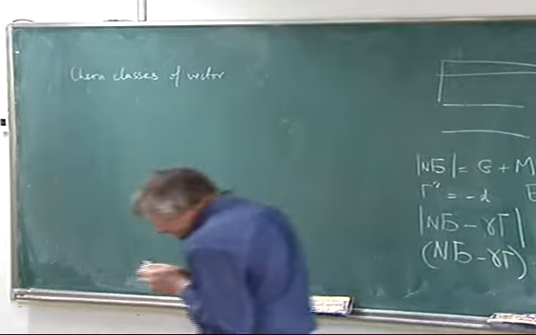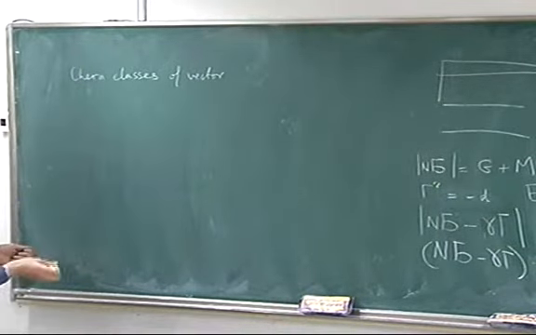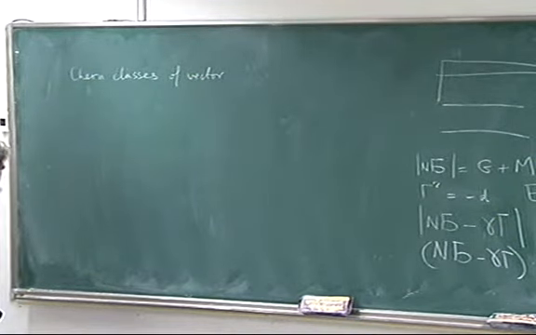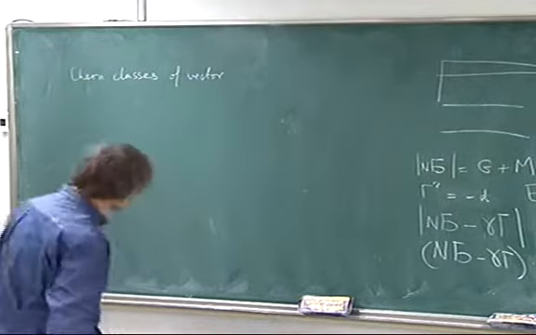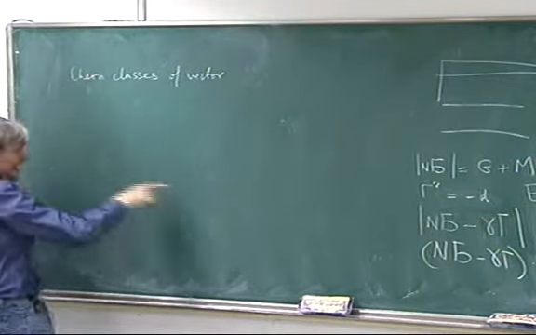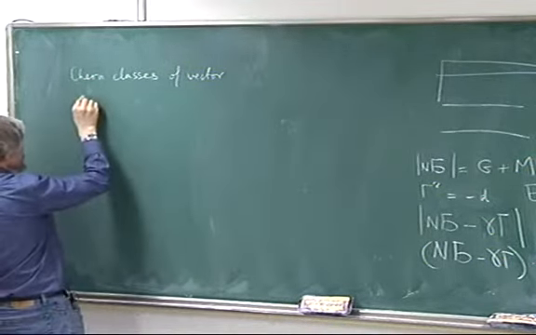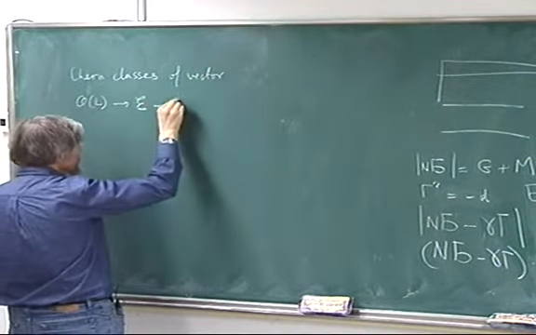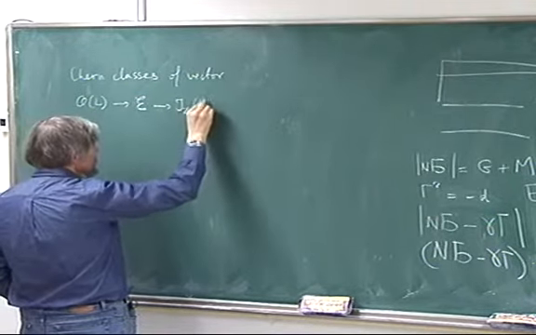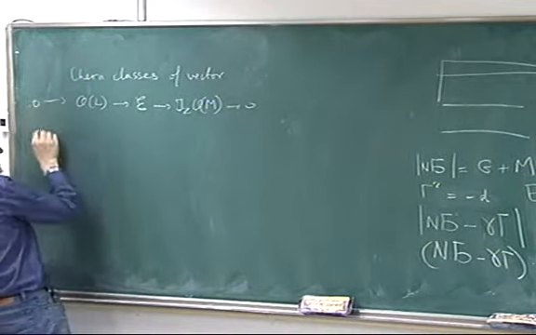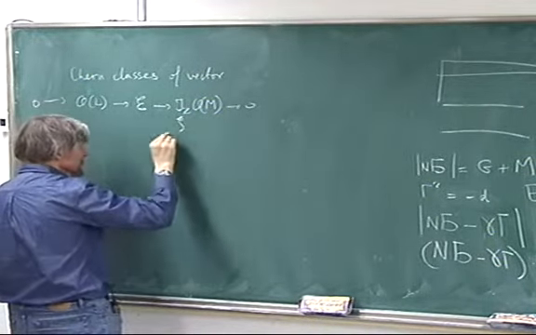So the O of 1 is sort of splitting off one little line bundle out of the vector bundle. And then you do the formal calculation I did, and that gives you the definition. But now I'm going to tell you something which is much more useful, which is how to calculate with it. So I want to know, for example, when I've got this situation, O_L goes to E, goes to I_Z O_M. Right. How do we, so this Z is zero-dimensional.